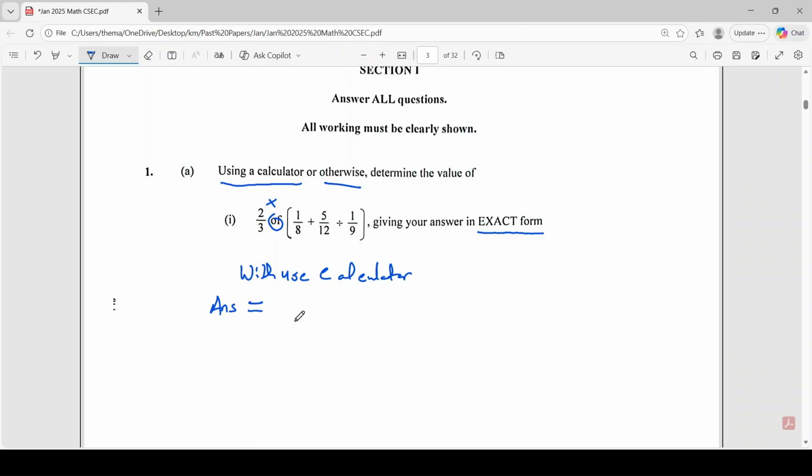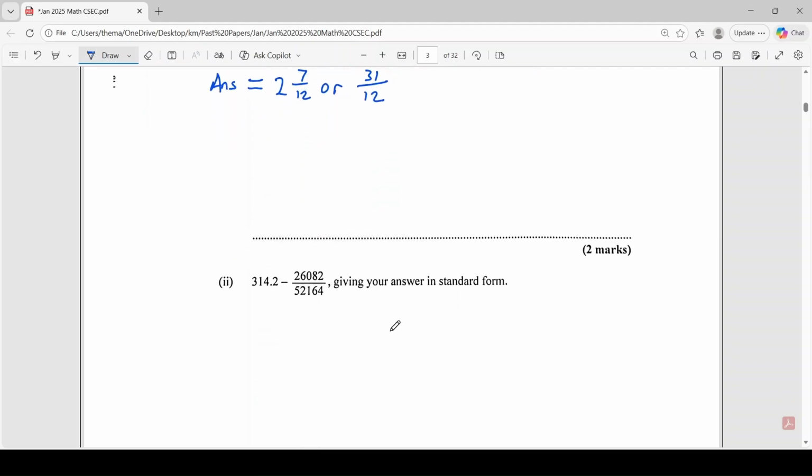Right, and the answer there is 2 and 7/12 or 31/12. Right? Good. Let's see next part here now.